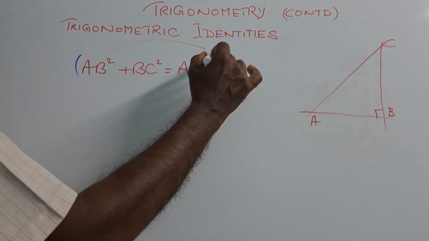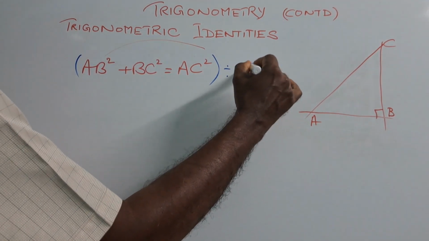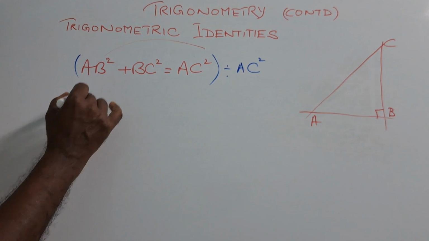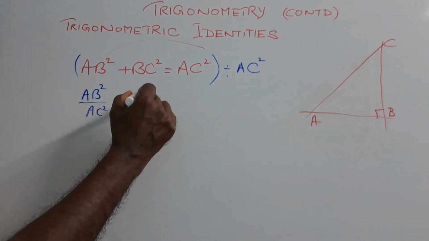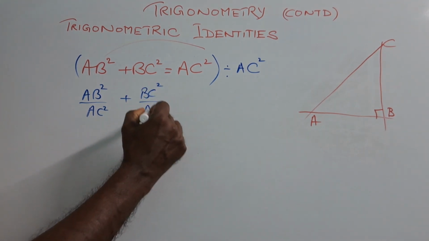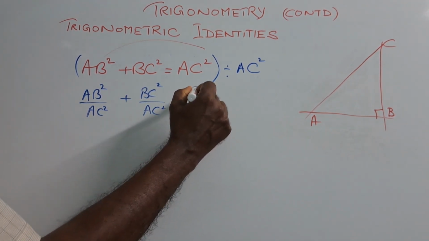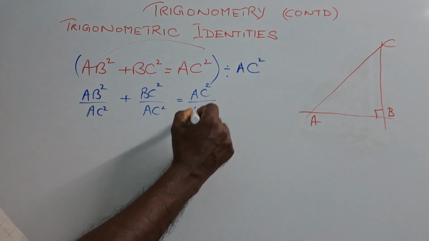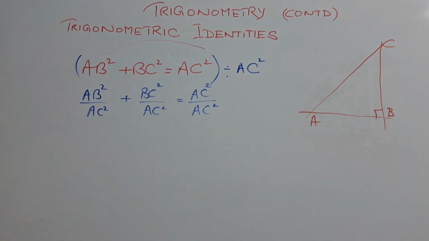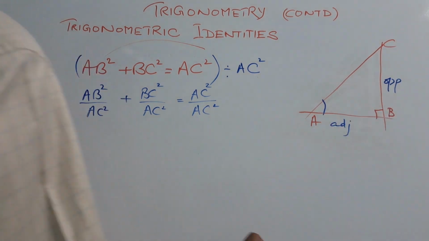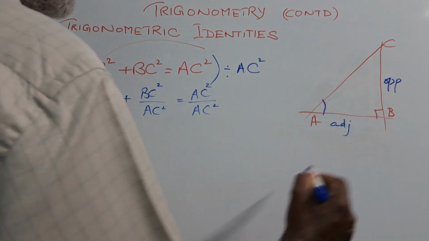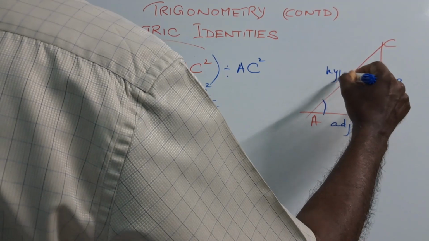Let me divide the equation by AC square. We get AB square by AC square plus BC square by AC square equals AC square by AC square. For the acute angle A, BC is the opposite side, AB is the adjacent side, and AC hypotenuse.